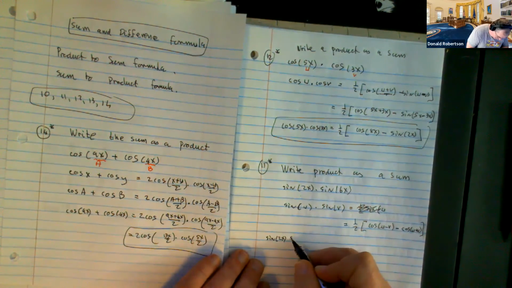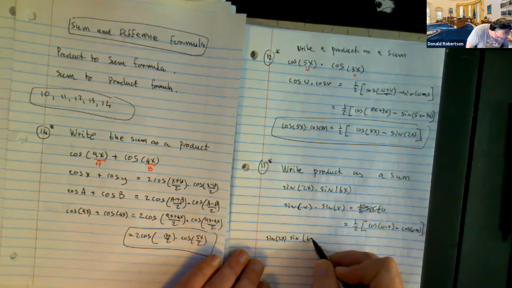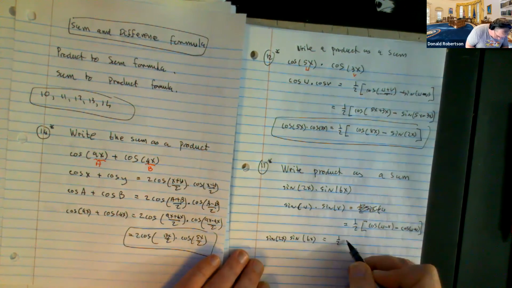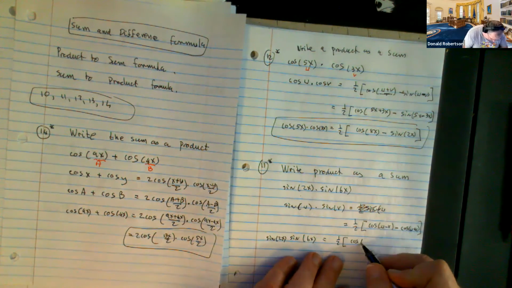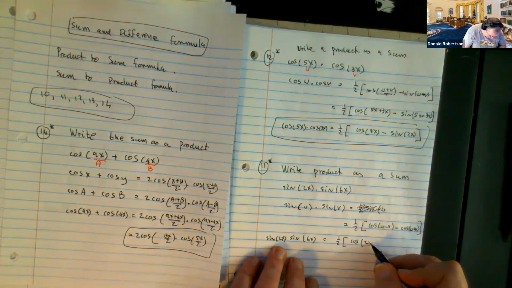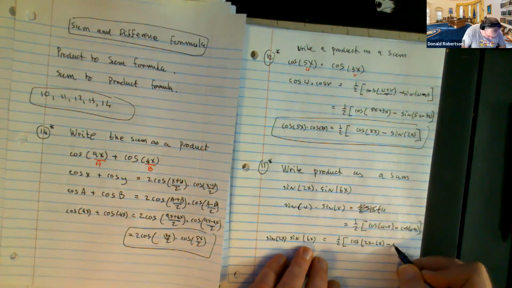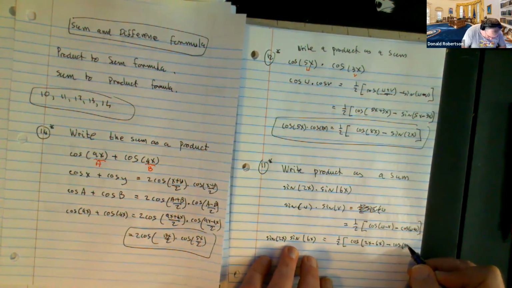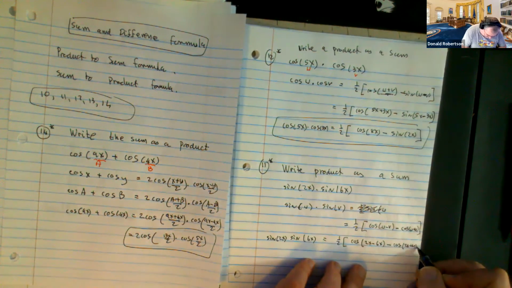So sine 2x times the sine of 6x. It's 1/2 cosine of 2x take away 6x minus the cosine of 2x add 6x.